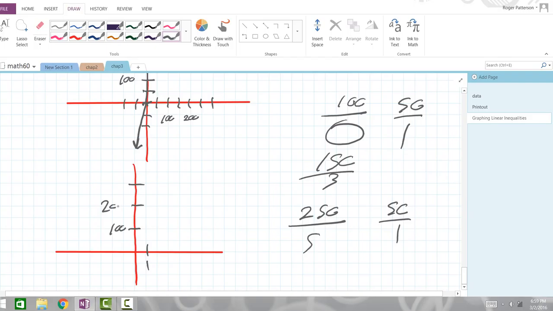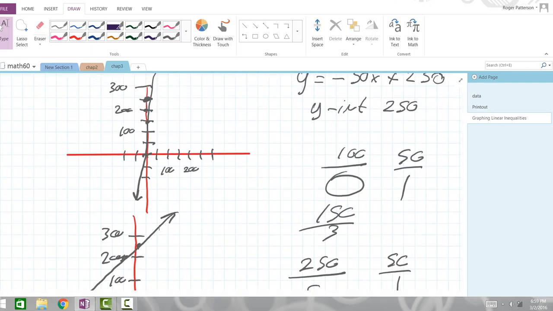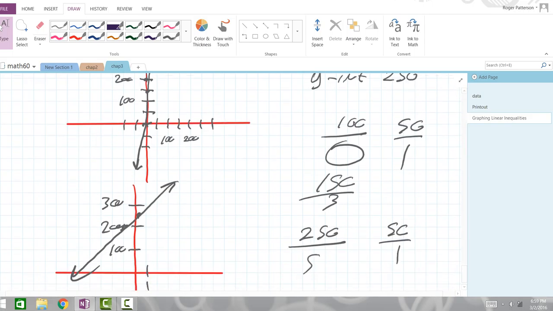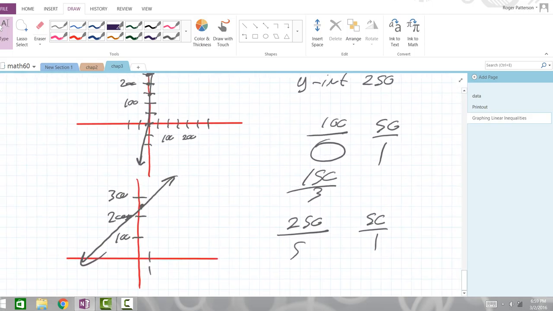Okay, so here's 200, here's 300. So there's 250. I want to go down 50 and back 1, and that's what it would have looked like. Easier to graph, but it's distorted. Okay, this looks flatter than this does, okay? But it's still the right answer. You just scale it the way you want.